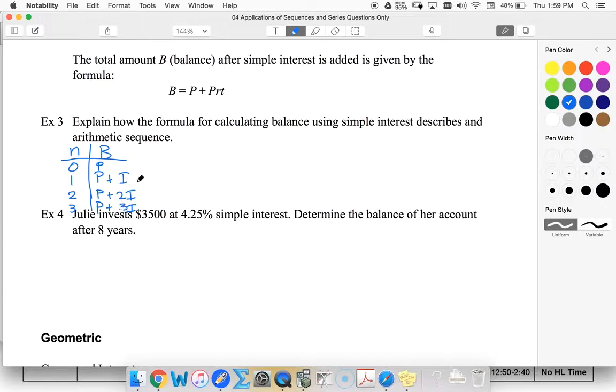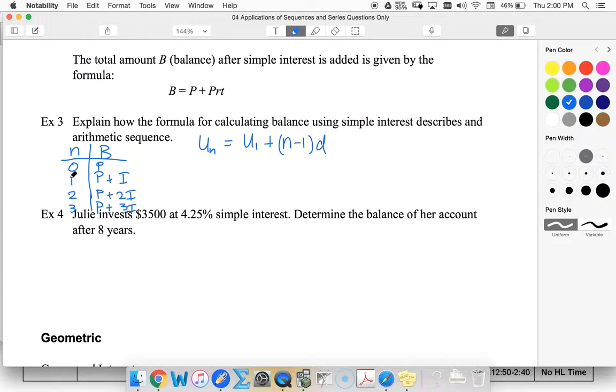So this ends up making an arithmetic sequence, and I have my first term that I could think of as the 0 term, or I could think of just the interest parts as an arithmetic sequence. So we would know that our general arithmetic sequence looks like this: u1 plus n minus 1 times d.